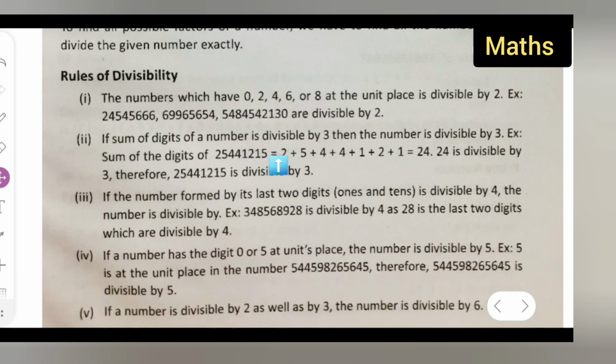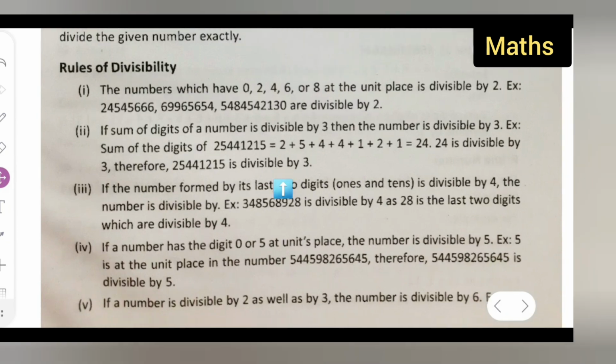You just have to add these digits, see what answer you get, and check whether that answer is divisible by 3. If it is, then the number is also divisible by 3.